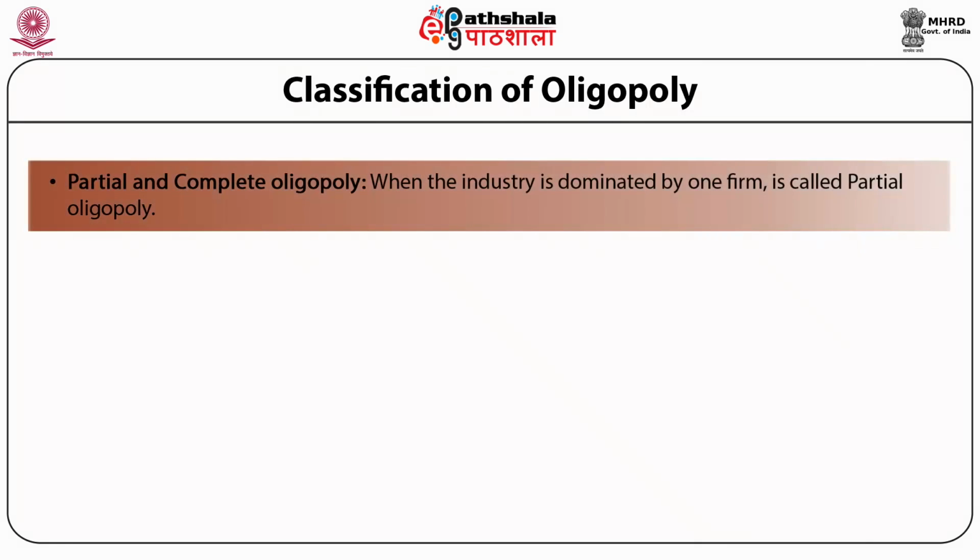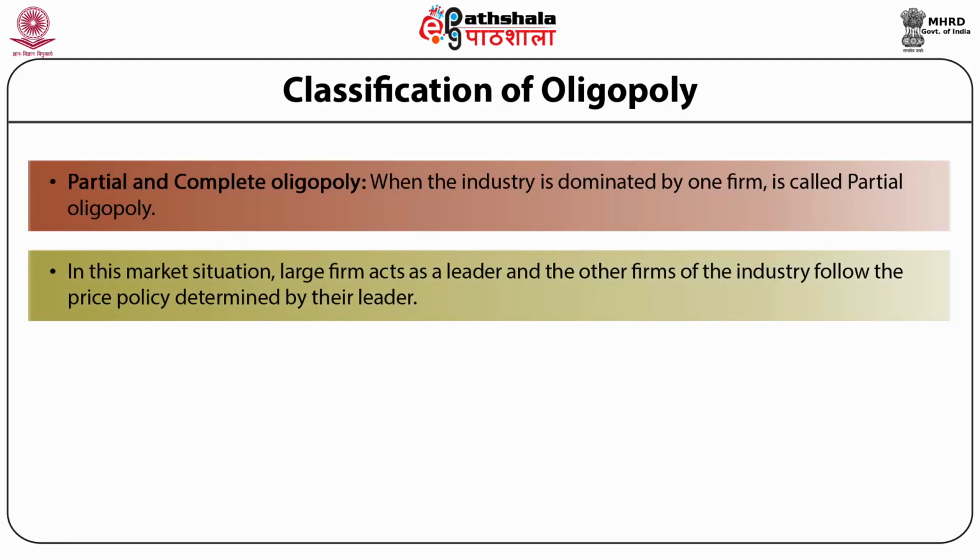Partial and complete oligopoly. When the industry is dominated by one firm, it is called partial oligopoly. In this market situation, a large firm acts as a leader and the other firms of the industry follow the price policy determined by their leader.